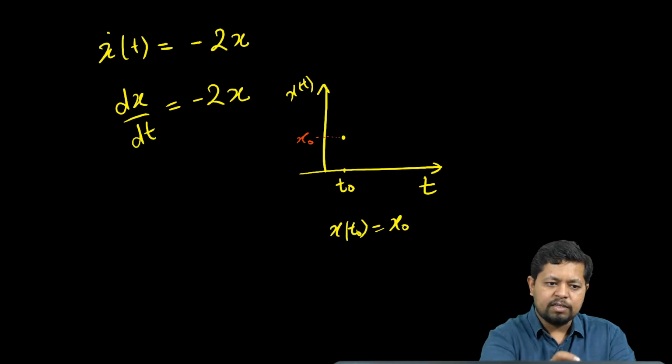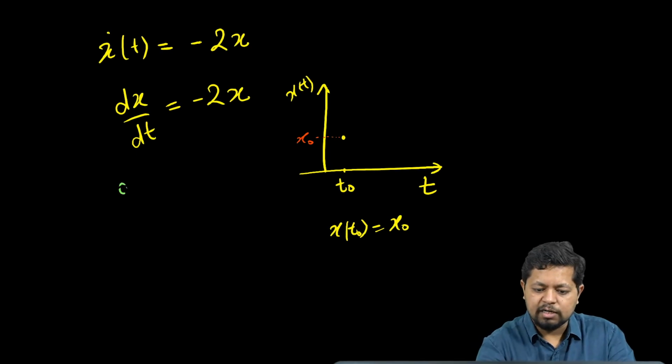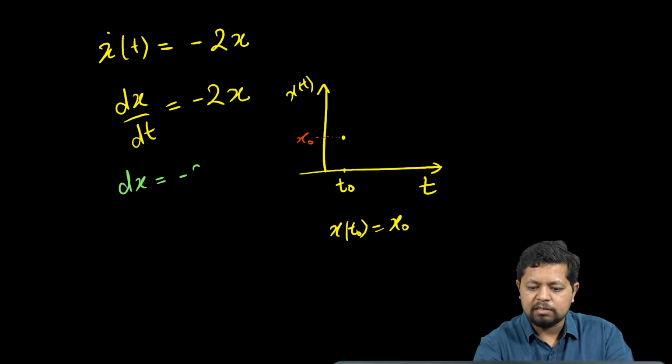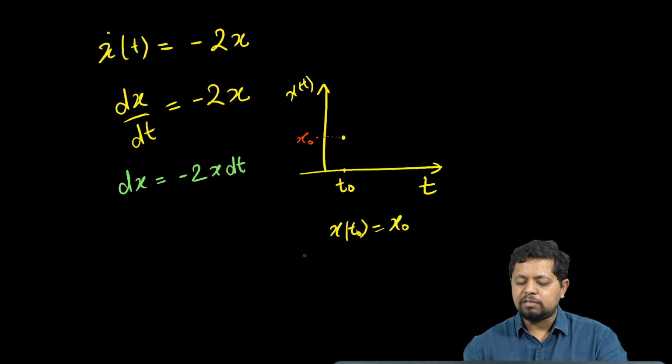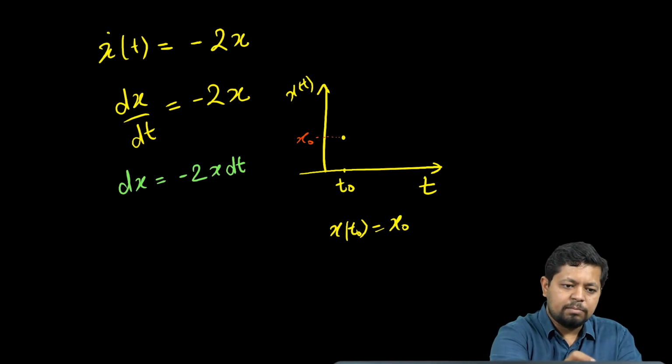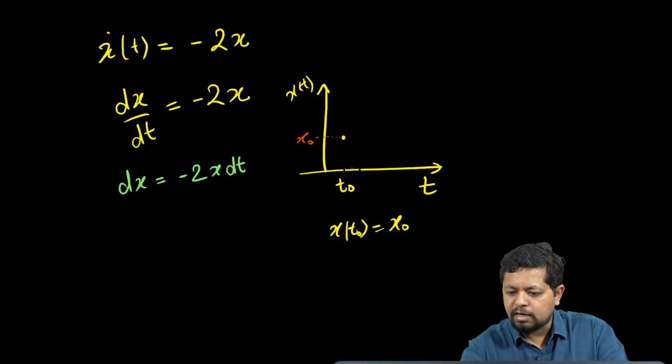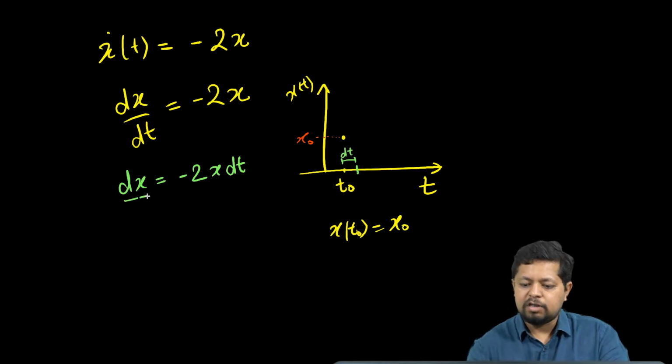In order to find that out, all I need to do is write dx as minus 2x dt. On this graph I can find my next point by calculating minus 2x dt. That is, in time dt, I want to find out how much dx is, and dx is minus 2x dt.